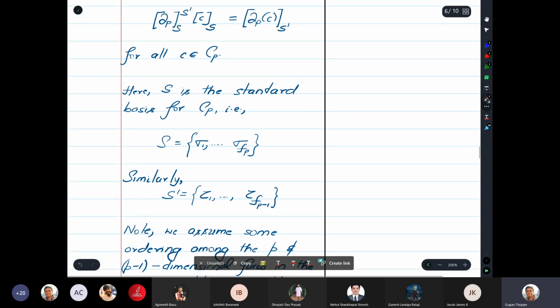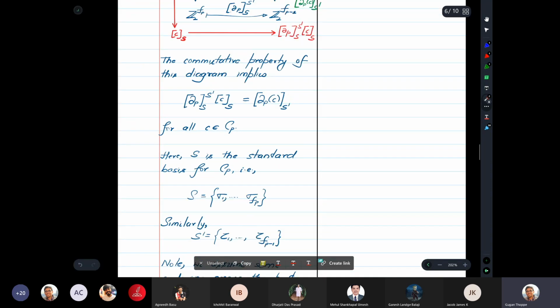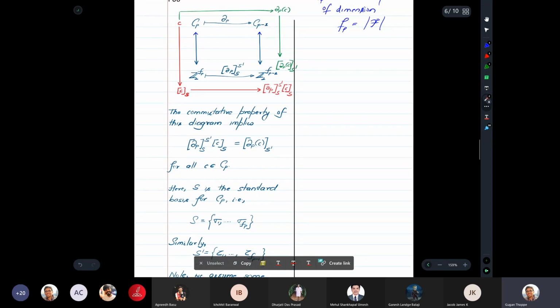Okay, so let me pause here for a second or two. If there are any questions with regards to the choice of basis or this diagram, please ask. I'd be happy to answer. Do you have any questions? Please don't hesitate.